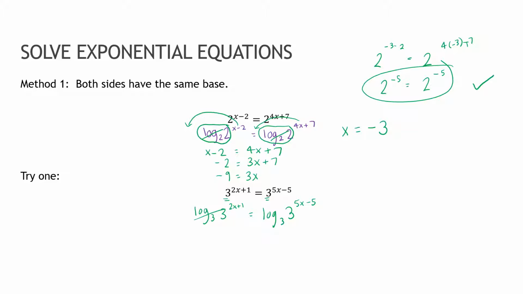These guys cancel, that gives me 2x plus 1. These give me 5x minus 5, because I'm essentially moving the exponents to the front. And now it's a simple equation to solve. Let's subtract 2x from each side, add 5 to each side, divide by 3 to get 2, and my answer is 2.